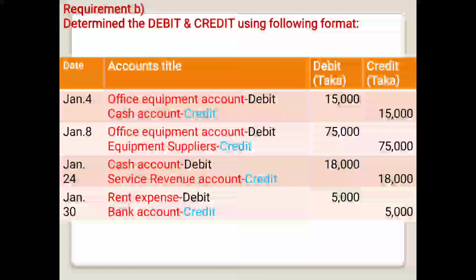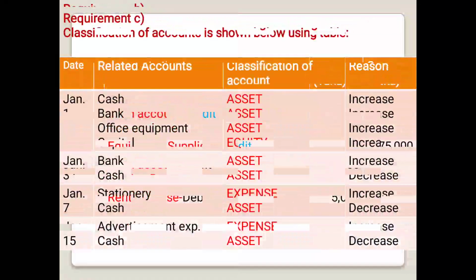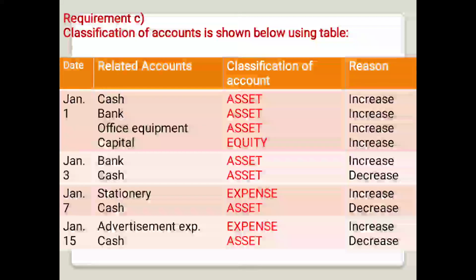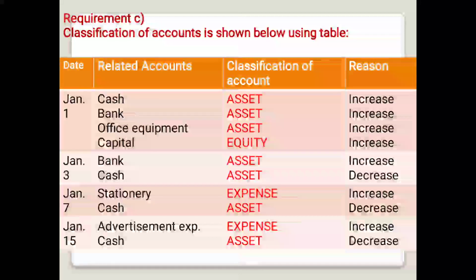Now you can go for writing requirement C. Only 4 transactions are indicated for classification of account: January 1, January 3, January 7, and January 15. In this format, 4 columns are available: date, related accounts, classification of account, reason. January 1, started business with cash, bank balance, and laptop.